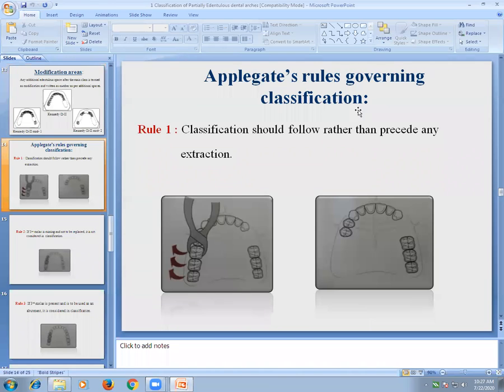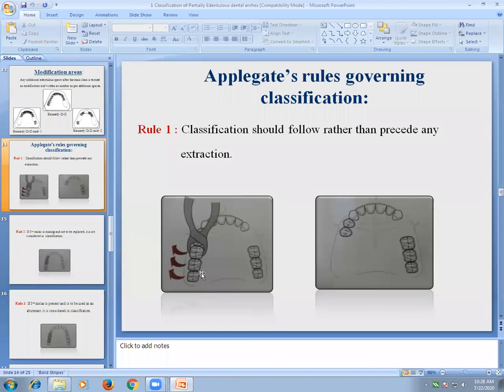Applegate's rules are the main important part of Kennedy's classification. You should remember them, and a question may come in the exam asking you to write down Applegate's rules. That's why it is the main important part. Rule 1: the classification should follow rather than precede any extraction.